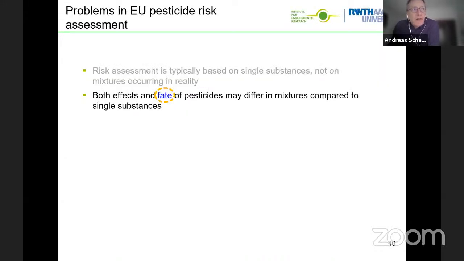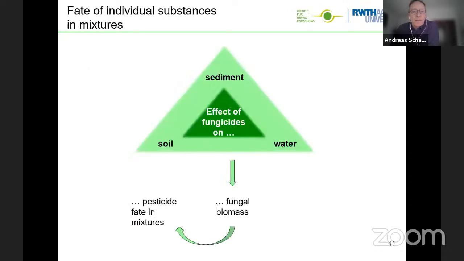And it's not only the effects, it's also the fate of pesticides that differs in mixtures compared to single substances. So we did 2 studies with 2 PhD students, one working with soil, the other with water-sediment systems. And we investigated the effects of fungicides on the fungal biomass.